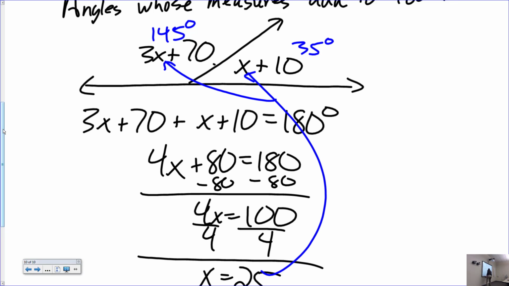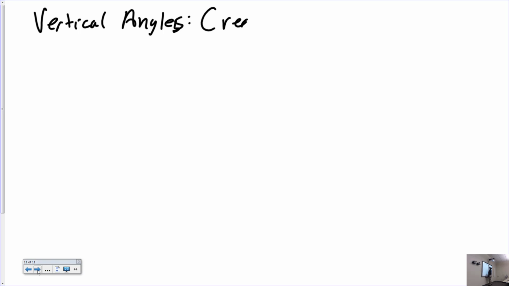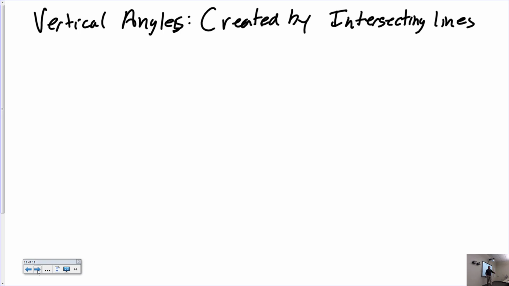One last topic, then we'll call it a day. Vertical angles. Vertical angles are created by intersecting lines. So this is not rays, but truly lines.